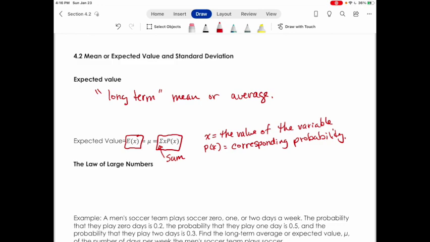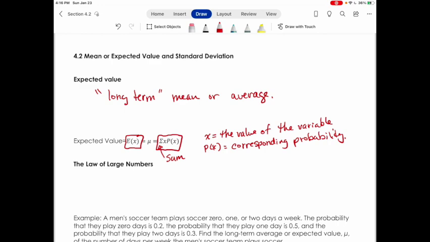So the more and more experiments that I complete, the closer and closer that 75 is going to get to actually approach that theoretical probability of 50%. So instead of just performing 4 flips, if I do 100 flips and then 200 flips and then 500 flips, the more experiments I complete, the closer that probability is going to get to 50%.